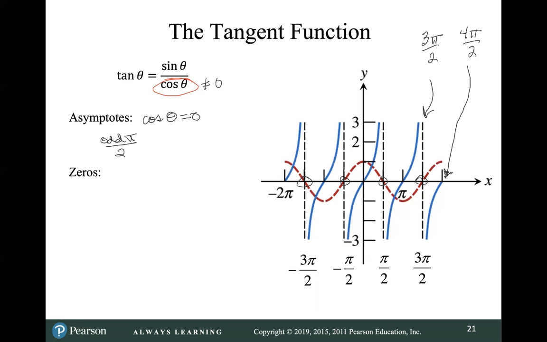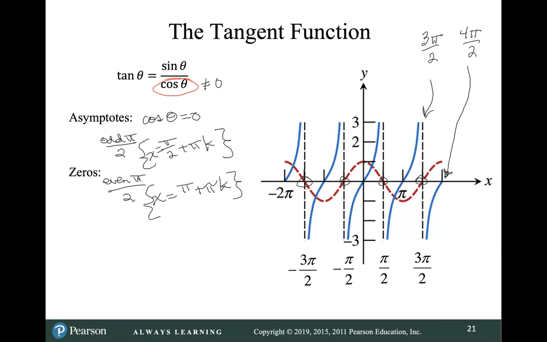So our even pi over 2s are where tangent crosses the x-axis. So I can say pi over 2 plus pi k. And these are vertical asymptotes. So that's x equals any pi over 2 plus pi k. And for the zeros, we know that tangent equals 0 at pi plus pi k.